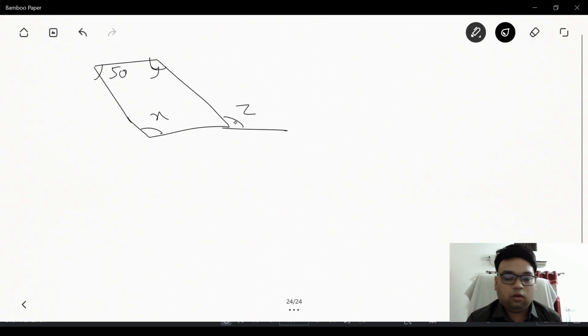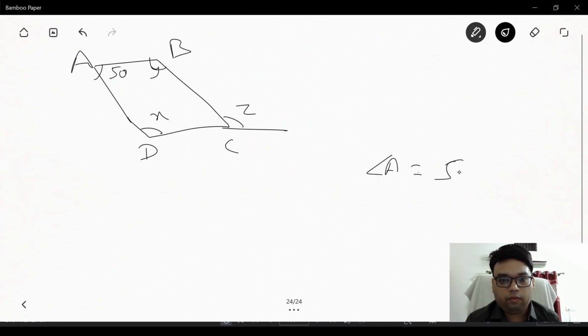Here we have to calculate the value of x, y, and z. Now let us use the notation A, B, C, D. If angle A is equal to 50 degrees, then by the property that opposite angles of a parallelogram are equal, this one is also equal to 50 degrees.